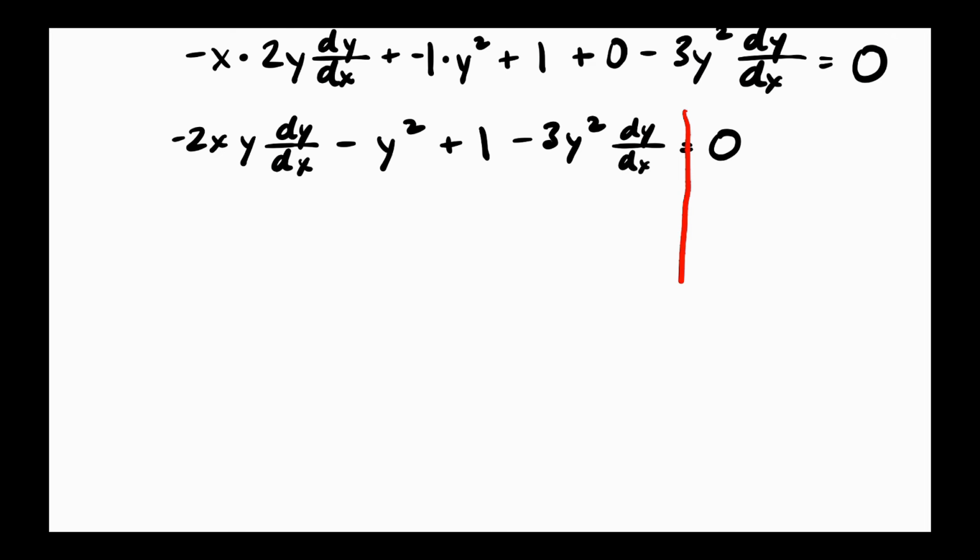So, here's the river. Everything that does not have a dy dx has to leave. I don't need it. And to do that, I have to do it using the inverse operations. So I'm going to add y squared, subtract 1 to both sides.